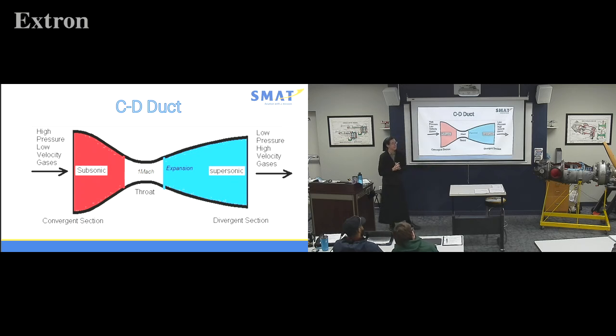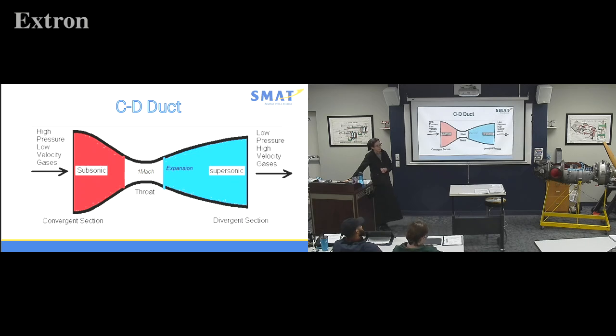Let me see if I can expound on that a little bit. When we're dealing with high-speed aerodynamics, supersonic airflow, the one thing that you have to remember is no jet engine can have supersonic airflow through it. Every jet engine, even if it's doing Mach 2, the engine itself has subsonic air flowing through it.